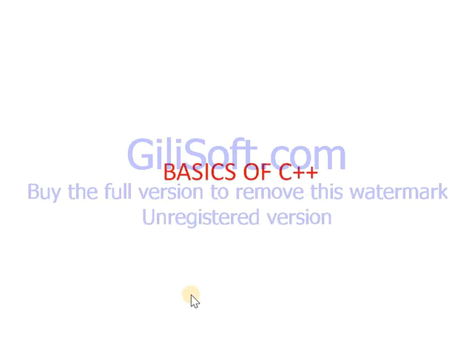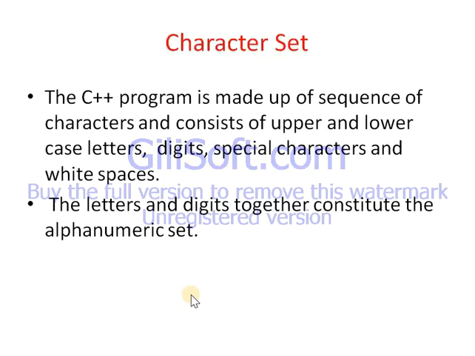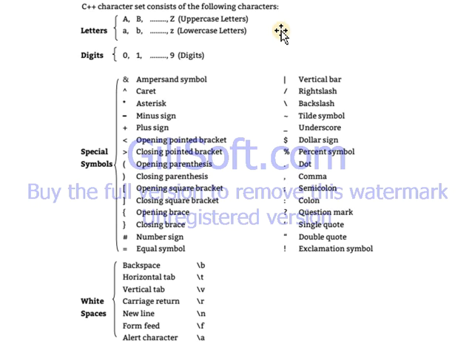Then we started the basics of C++. In the basics we saw the character set. The C++ character set contains letters, digits, special symbols as well as different white spaces.